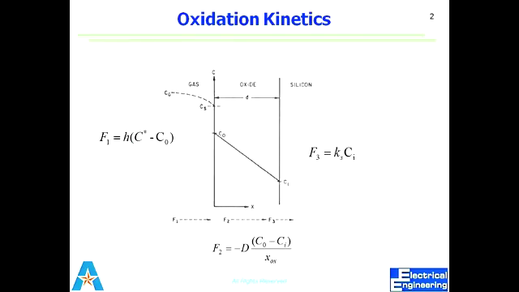Ks is a constant, the reaction rate constant. For every reaction the rate constant is fixed, so the greater the reaction rate constant, the faster the reaction. So in the third step the oxidation rate depends upon how fast the reaction carries on. In the second flux, the rate depends on how fast the oxidant diffuses through.